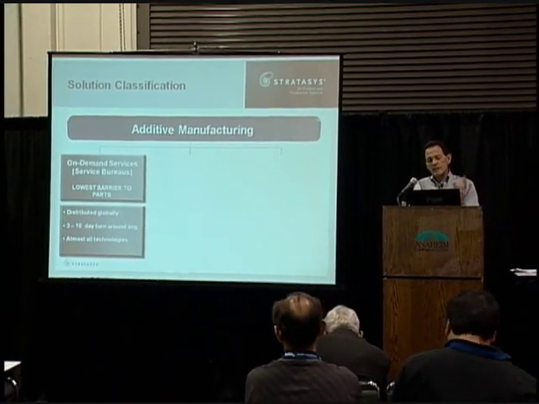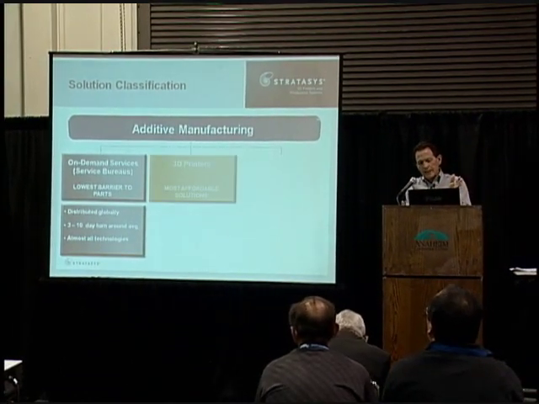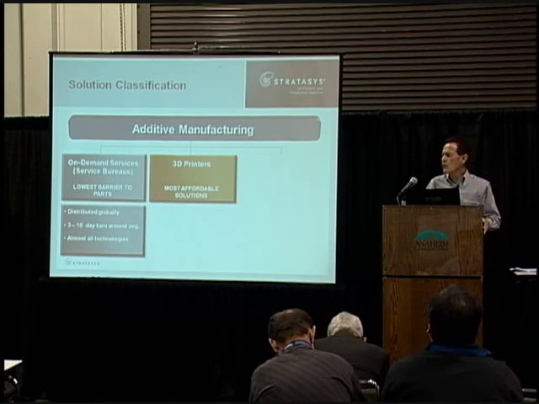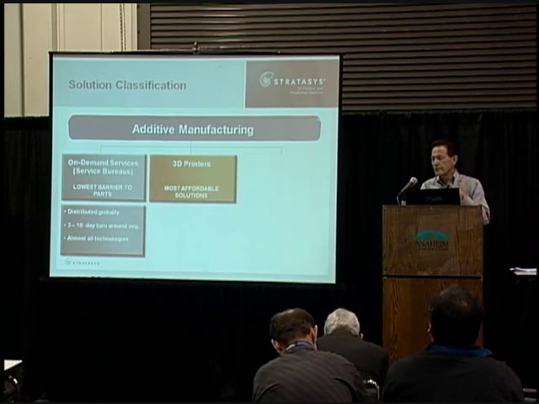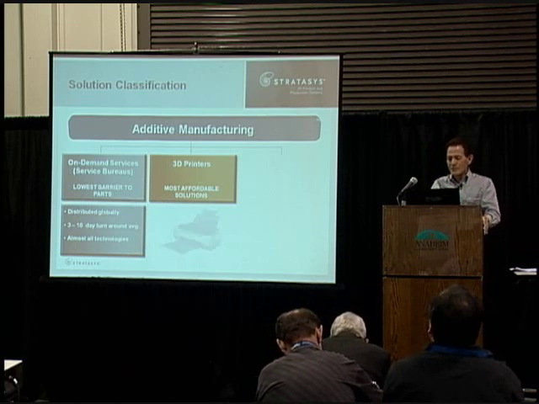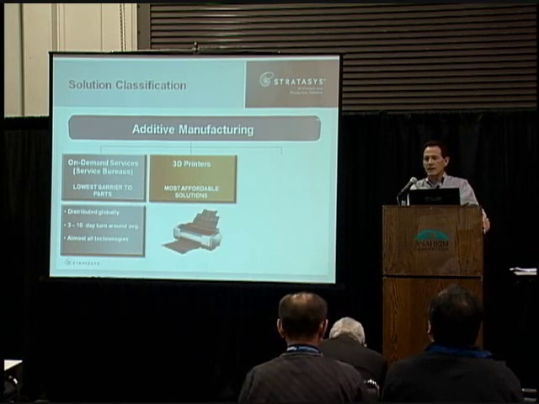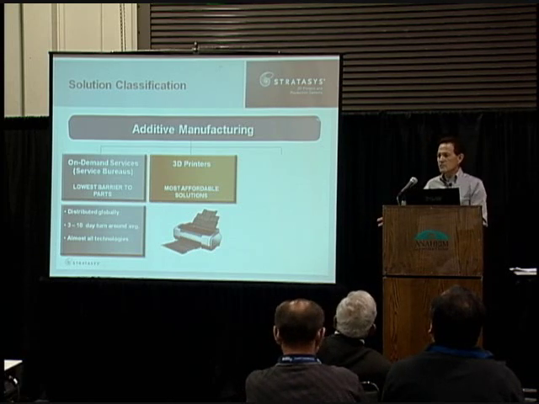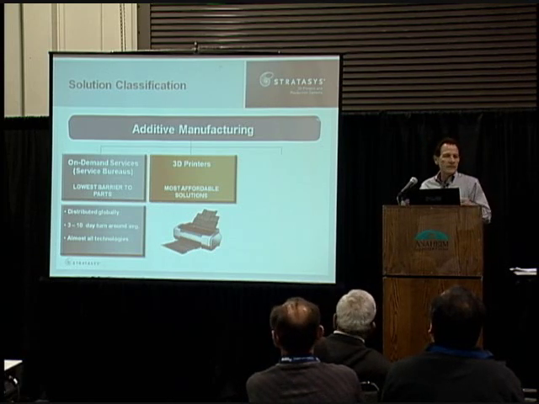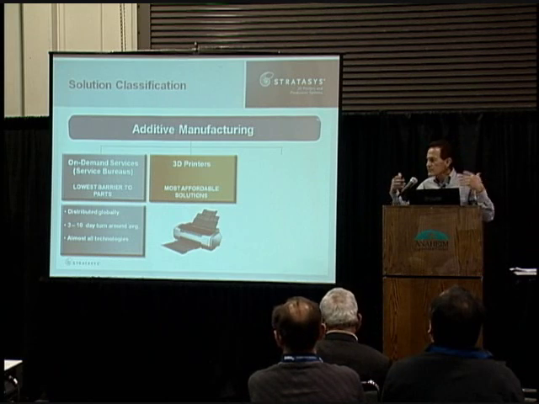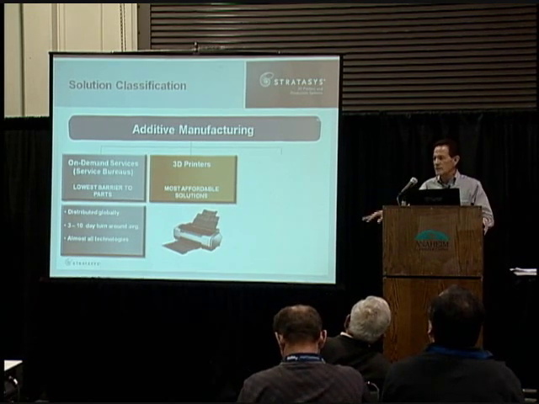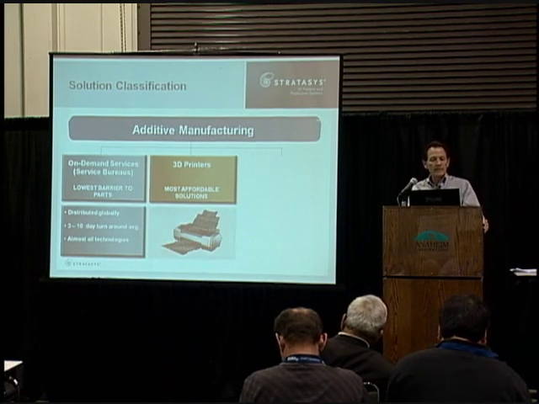Next level, and again terminology, is 3D printers. This is one of the more affordable solutions, affordable by our definition. Think of it as kind of like your little HP printer. You have it sitting next to your desk, and you can pull up your word processing file or even your CAD file, make a print, boom, it comes out right next to your desk.